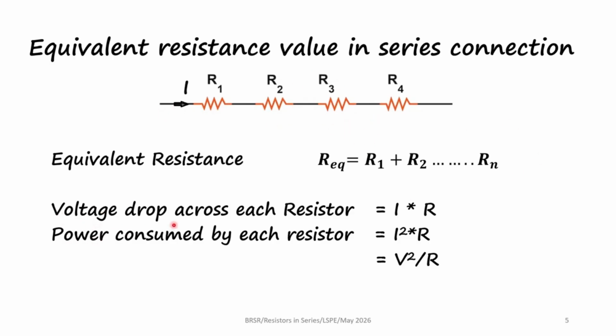So the voltage drop across each resistor is the product of the current and that particular value of resistance. The power consumed by each resistor is given by I squared R, the current squared into the value of that particular resistor, or the voltage drop across the resistor squared divided by the value of R.